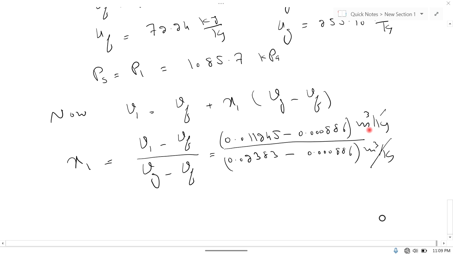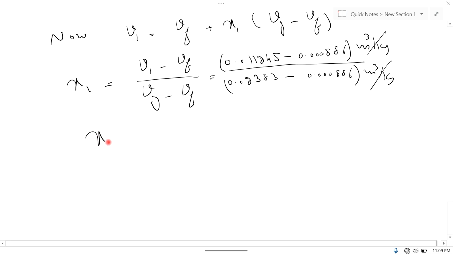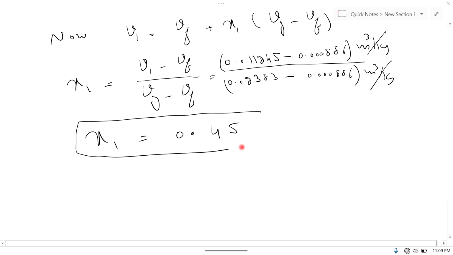So the unit is cancelled, and x1 is equal to 0.45. This is the solution of part A.